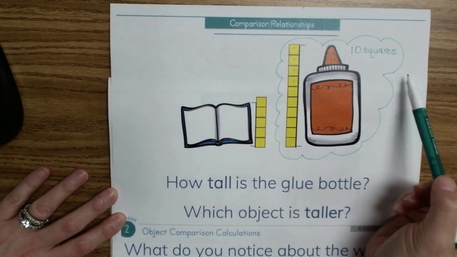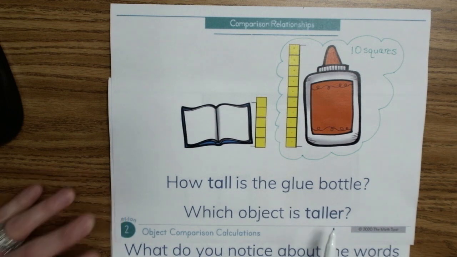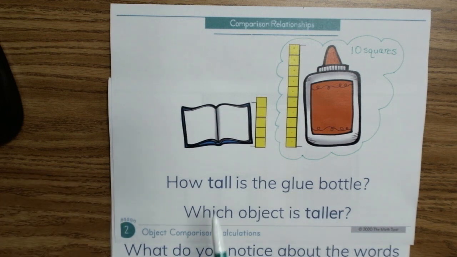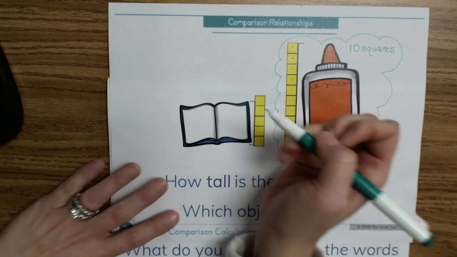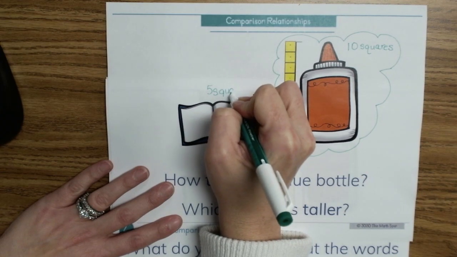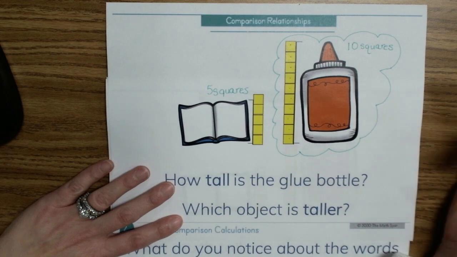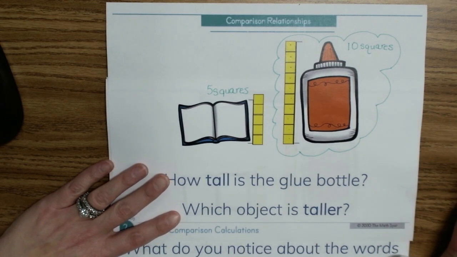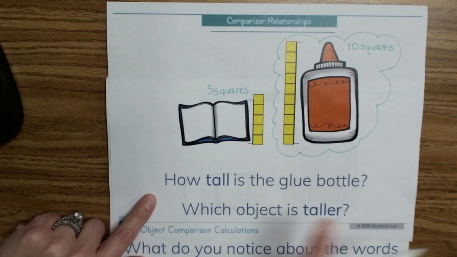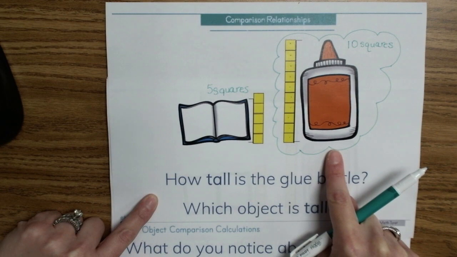We saw he was 10 squares, but we're trying to look for taller. If you look, your notebook is 5 squares tall. That's how tall he is. Your glue bottle is 10 squares tall. But when your question asks, who is taller? Well, we can see our glue is taller.